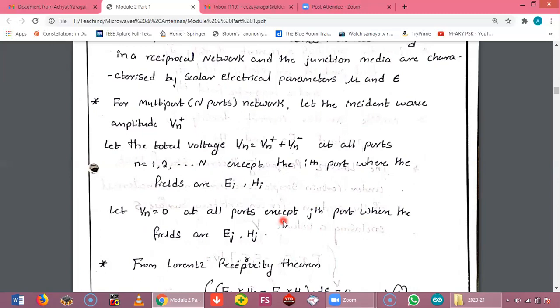These are the two conditions. First, the total voltage is Vn for all ports except the ith port, whose electric and magnetic fields are Ei and Hi. Second, the total voltage Vn is equal to 0 for all ports except the jth port, where Ej and Hj are present.